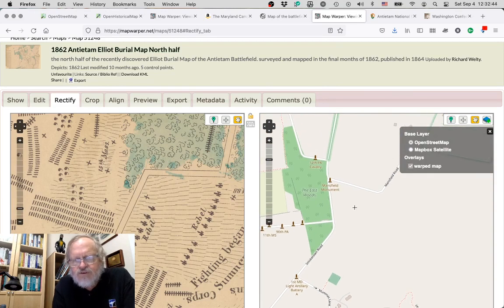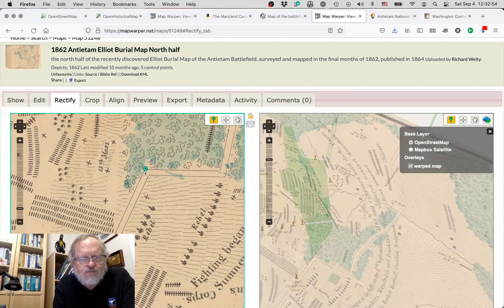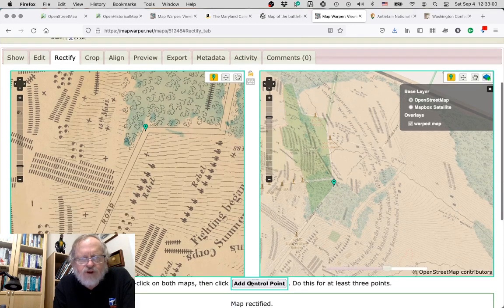Yeah, here's Smoketown Road, and you can see that this is not really... whoever the cartographer was who did this base map.